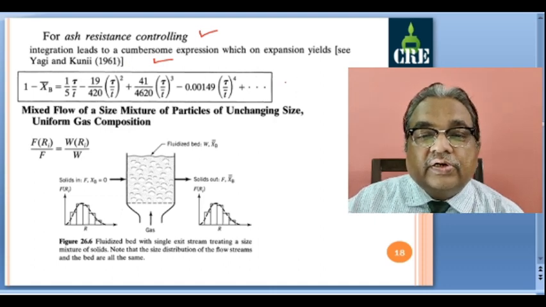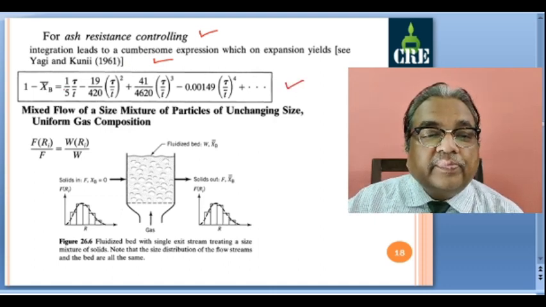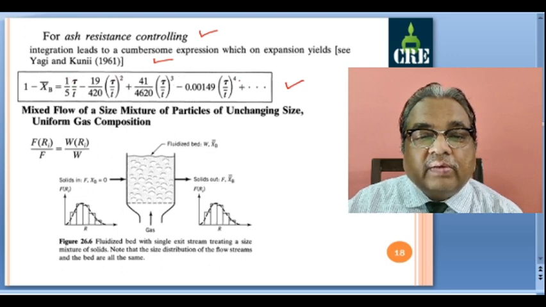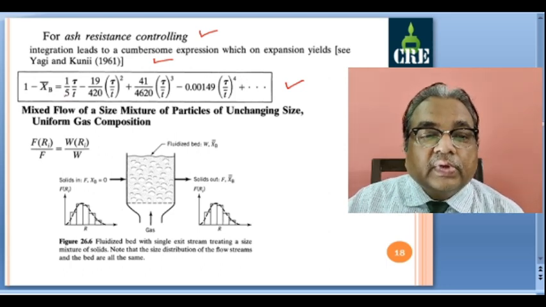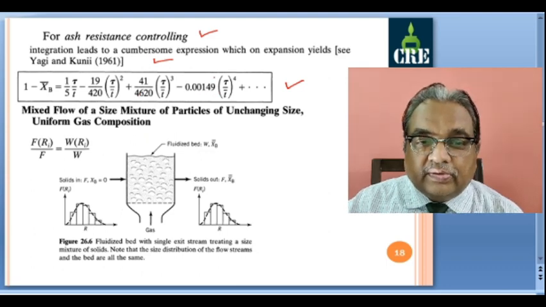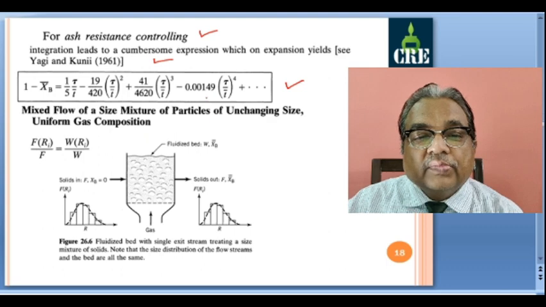And this final result: 1 minus xb bar is equal to 1 by 5 minus 19 by 420 (tau by t bar) whole square, (tau by t bar) whole cube, (tau by t bar) raised to 4, these terms will be there, and these constants are different now, plus 1 by 5 minus 19 by 420 plus 41 by 4620 minus 0.00149.